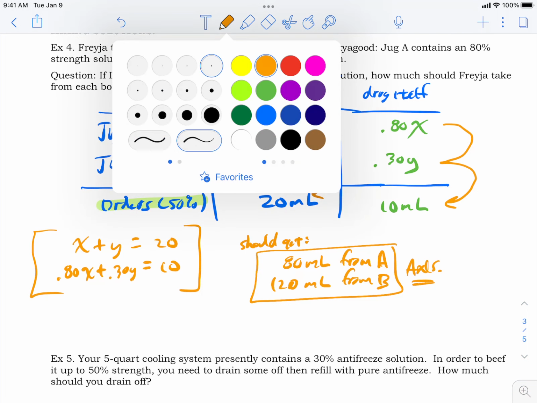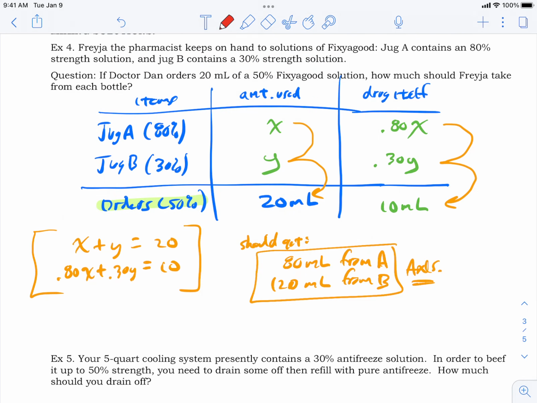Now before we move on, let's just chew on that just a little bit. Does that seem like a reasonable answer? You didn't expect me to ask you that, did you? Does this seem reasonable to you that it would be 80 and 120? Well, here's how you can judge it, at least in part. This stuff is pretty strong, 80%. This stuff is not so strong, 30%.